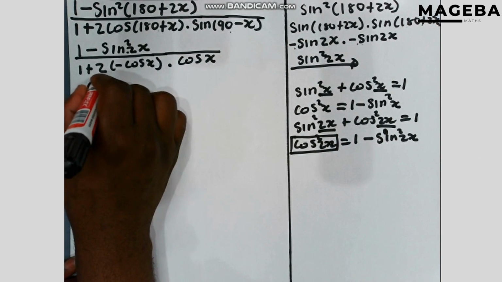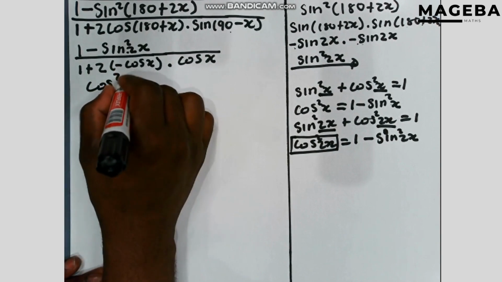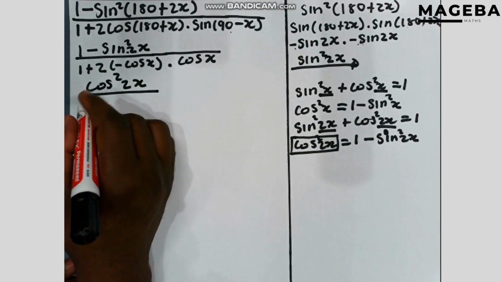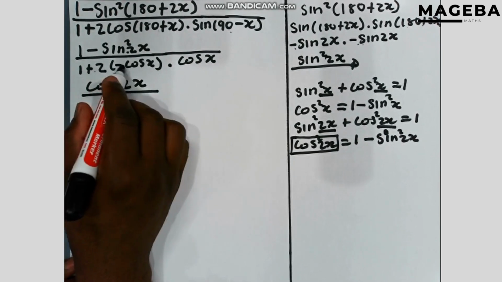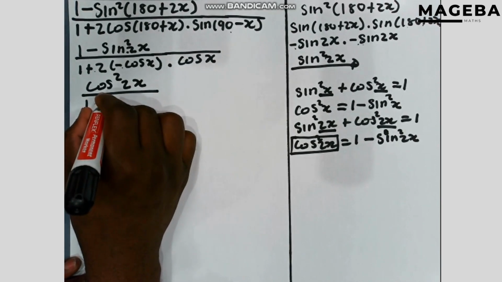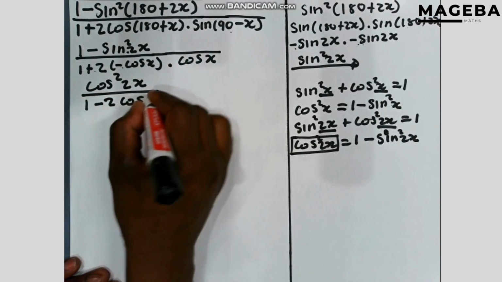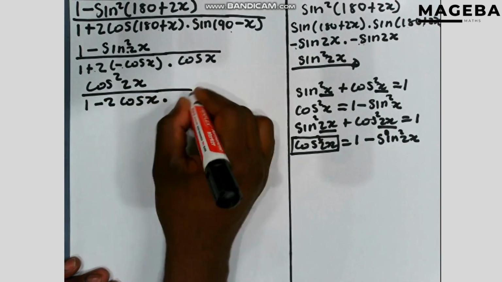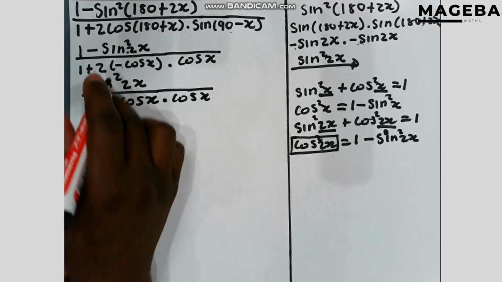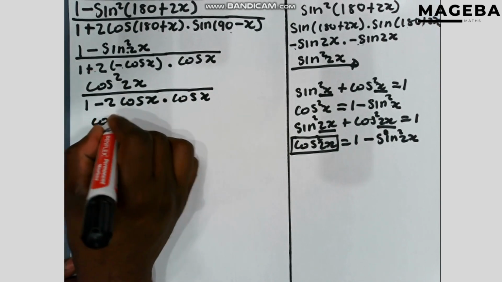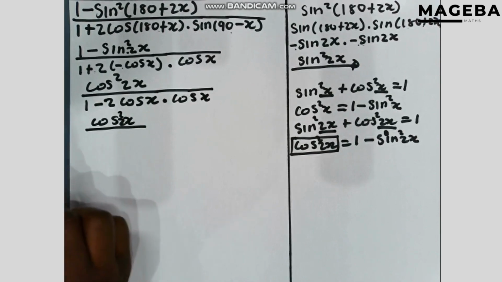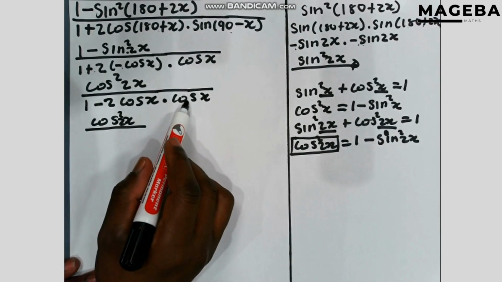So it's going to be cos squared 2x, all over. Now this times this is going to give us negative, so it's going to be 1 minus 2 cos x, and then times cos x. Coming with this one down, now we are multiplying this cos by this cos.